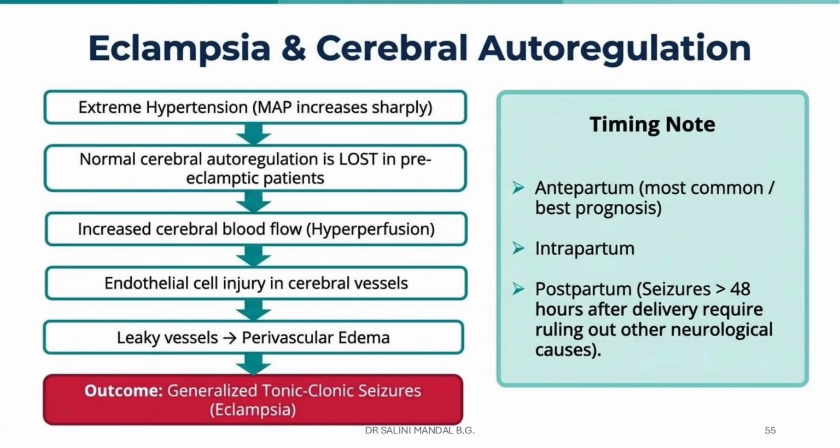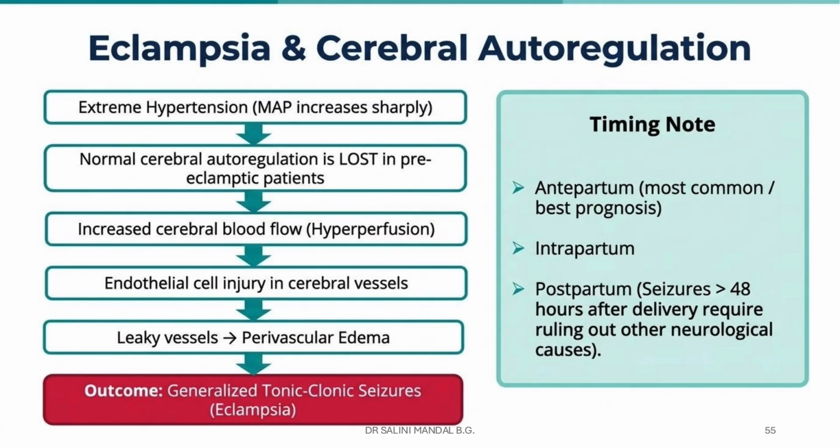Now, talking about eclampsia. Eclampsia means a patient having preeclampsia who, along with that, comes up with convulsions or coma. If severe hypertension is there, the mean arterial pressure is going to increase sharply.